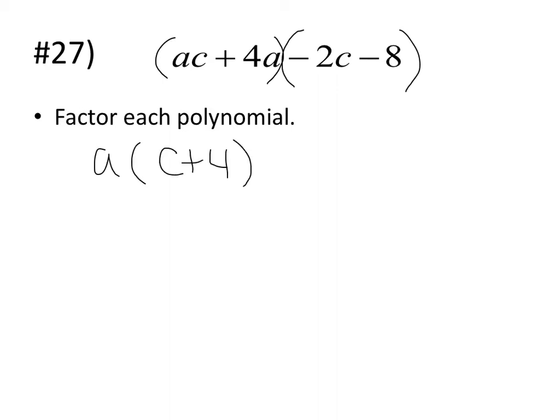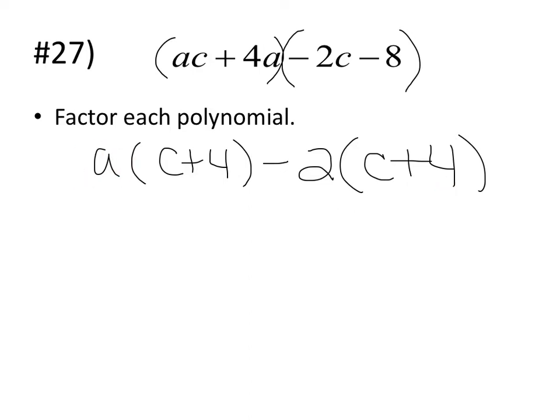And then the second one, because the third term is negative, you're going to factor a negative 2 out, which is going to leave c plus 4, because if you factor a negative 2 out of negative 8, you get positive 4. The reason you do that is because now you have c plus 4 and c plus 4. If you had only factored a positive 2 out, this would be c minus 4, and these would not match up. Remember, the whole purpose is for these to match up.